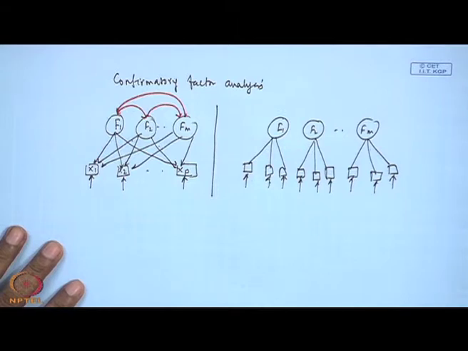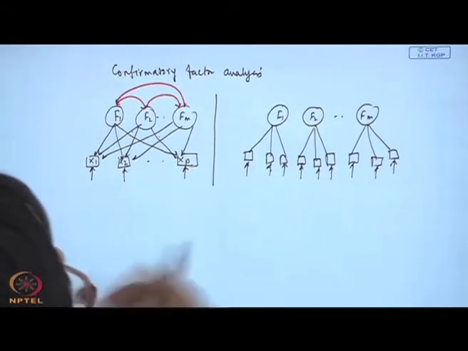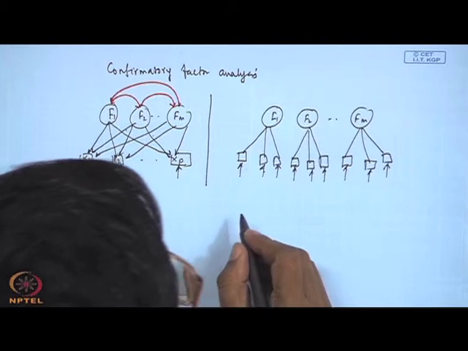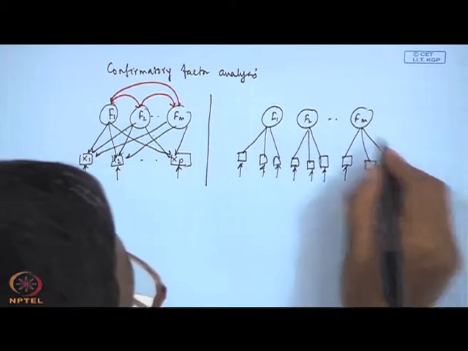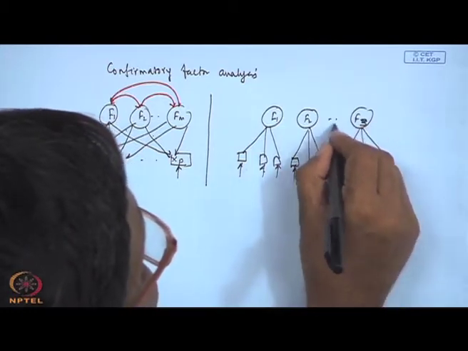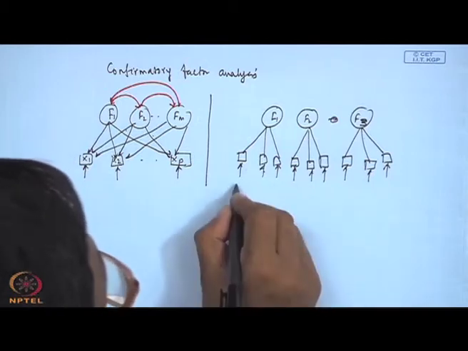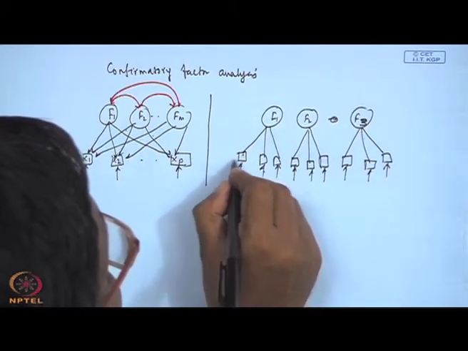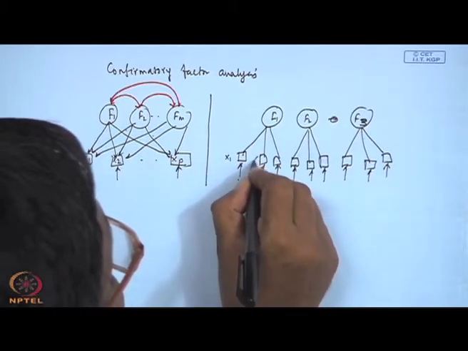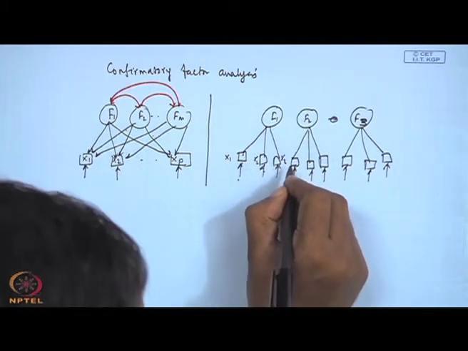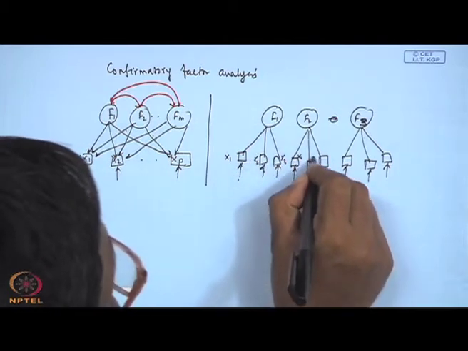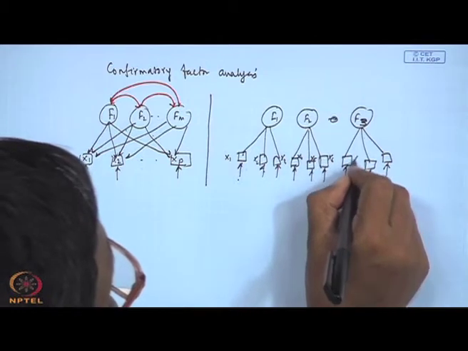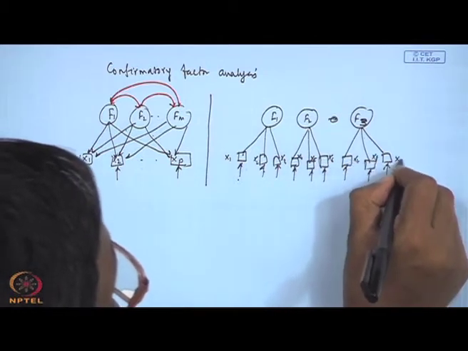Getting me? Essentially, suppose I take three factors with variables x1, x2, x3, x4, x5, x6, x7, x8, x9.